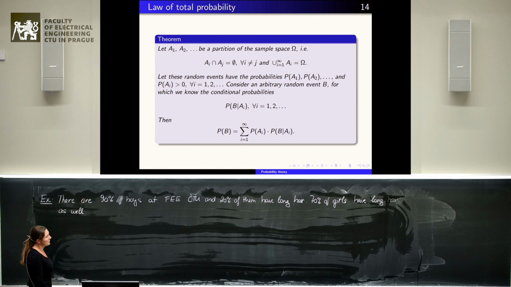And just in order to be correct, we suppose that for now we have only boys and girls at our faculty.